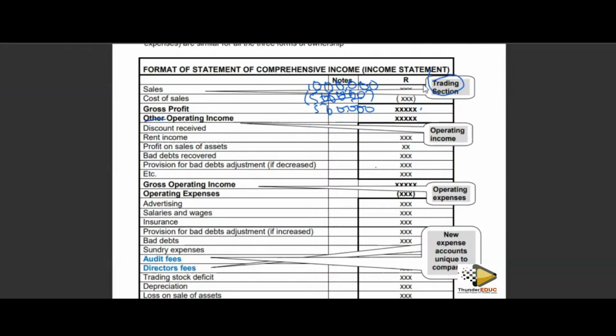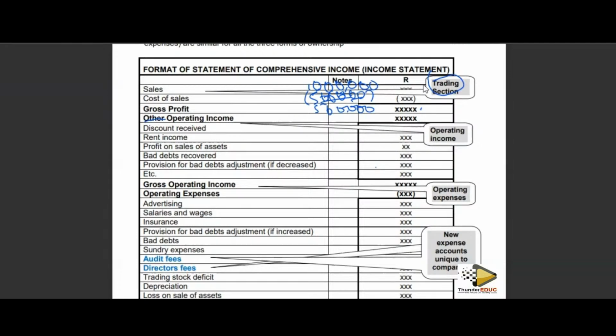Let me give you an example. We can have, let's say, a grocery store, or a furniture store. Let me use a furniture store. A furniture shop deals in selling furniture, fine.